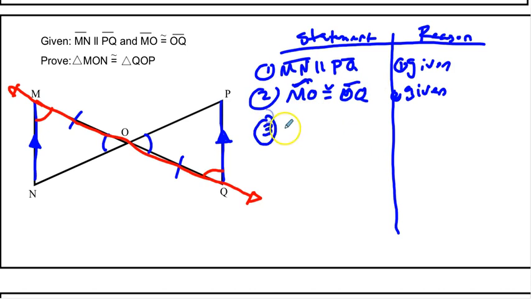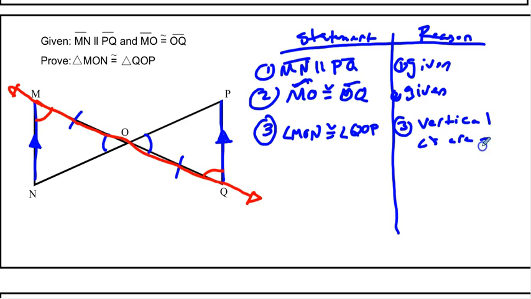Now, let's mark what else we wrote. Angle MON, which is right here, is congruent to angle QOP. All right, and we knew that because of our friend, the vertical angle theorem. Vertical angles are congruent. All right, now 4, that's where it gets a little dicey.